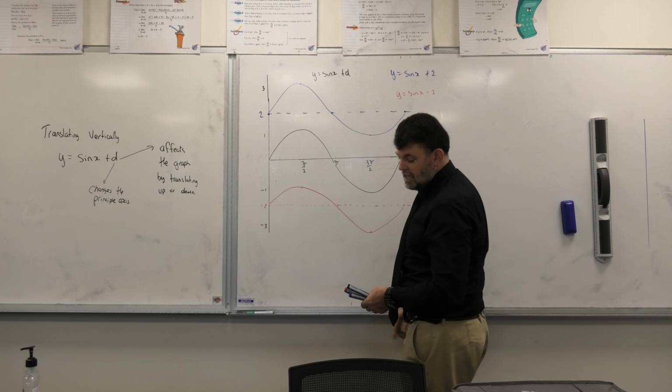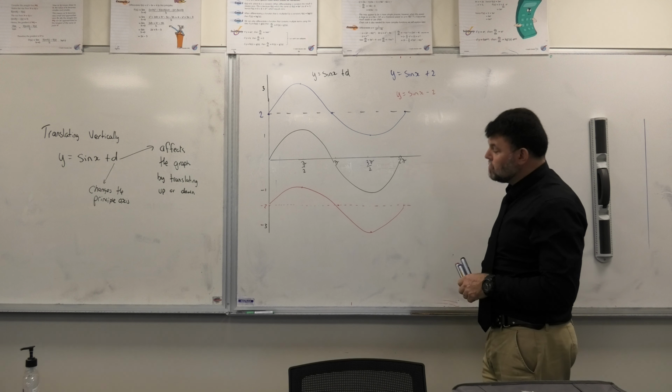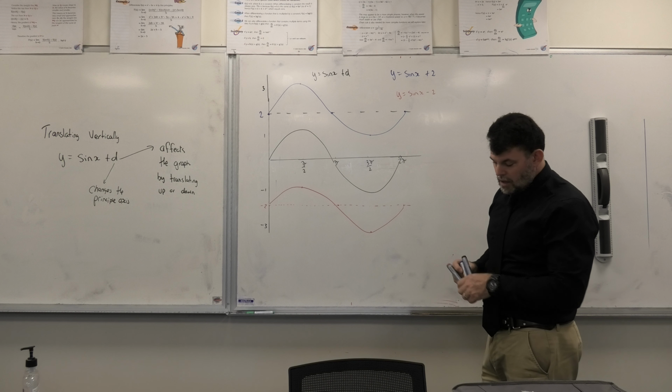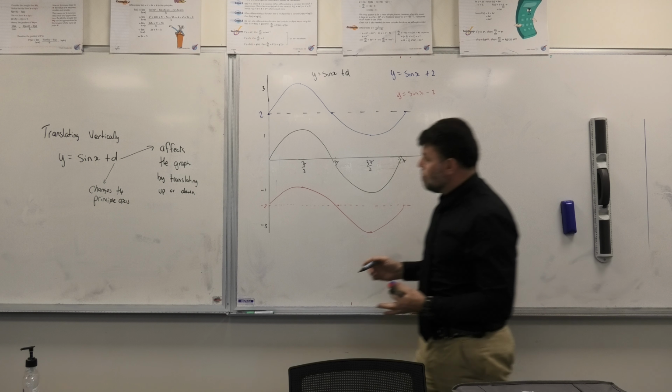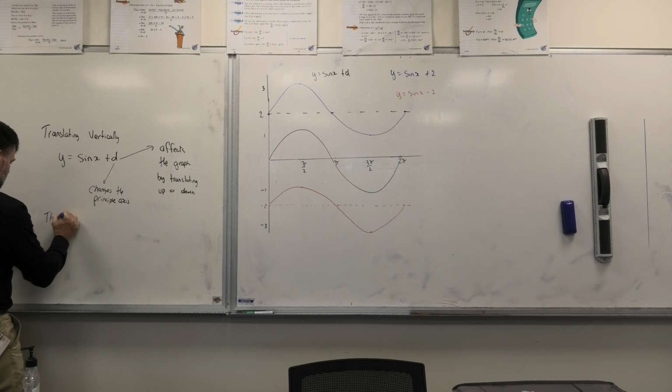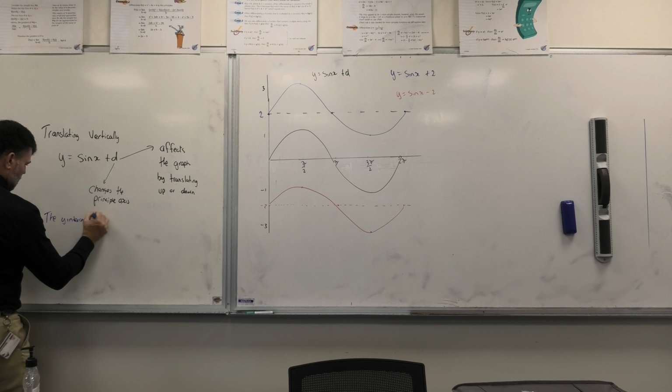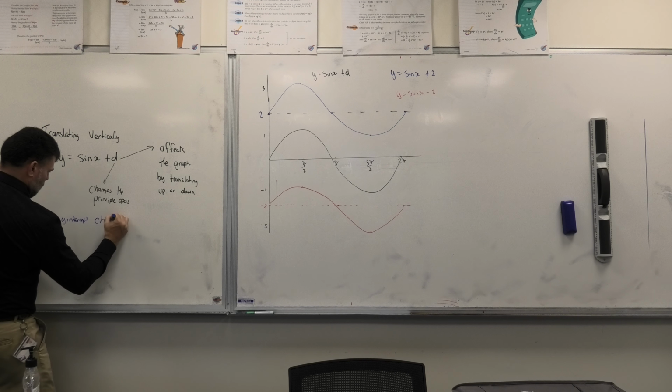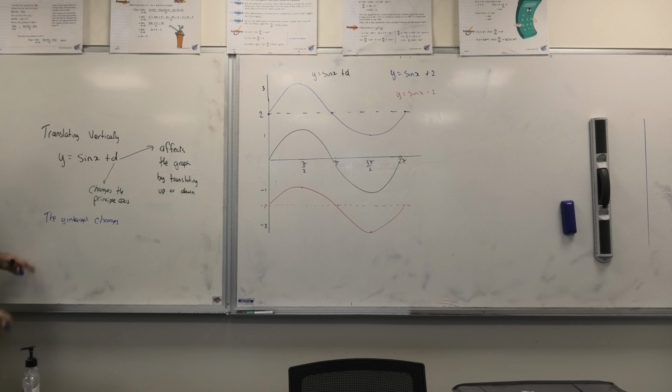But the whole idea here is that when we're doing a vertical translation, we know that some things happen. So the y-intercept changes. And that's because we're changing the principal axes.